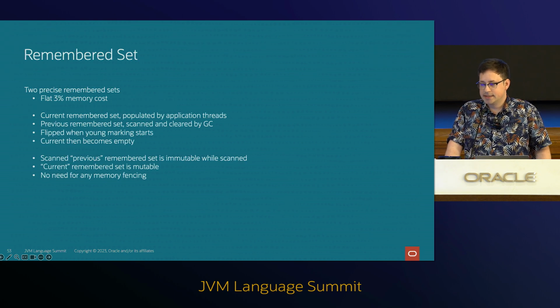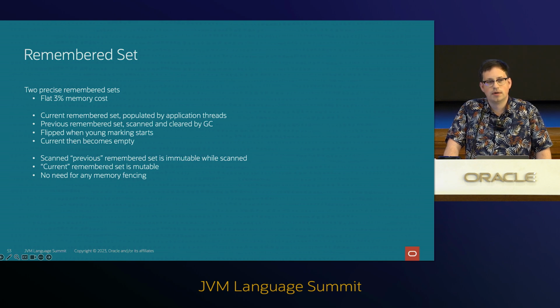Speaking of remember sets, in generational ZGC, we have 2 remember sets. The guiding principle there is that we have an immutable one that we call the previous bitmap, so it's implemented through bitmaps, and it's precise. The previous one is immutable while the GC is scanning it, so it doesn't need to worry about interactions with the program.